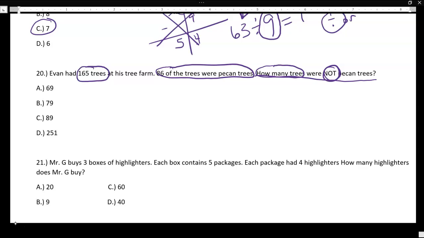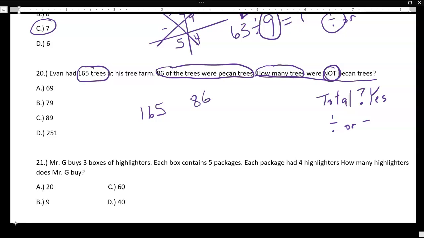So, let's ask ourselves. Do we have a total? Yes, 165. So then we're going to add or subtract. We have 165 and we have 86.